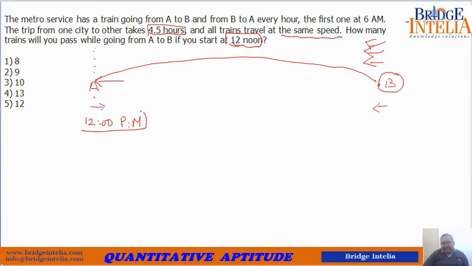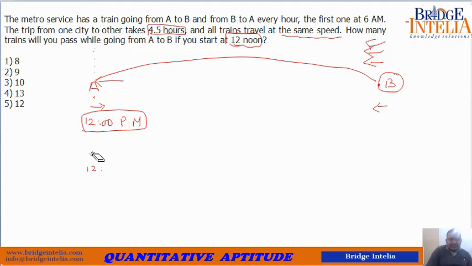You are starting at 12 p.m., so before you start, a train must have come and stopped here. The train takes 4.5 hours to reach here. You start at timings like 12 p.m., not at 12:30 or 12:45. So you start at 12, then 1, then 2, then 3, and so on.